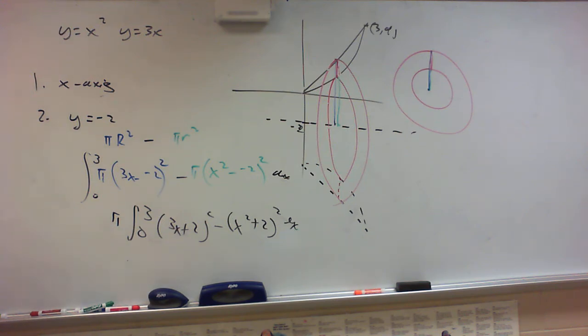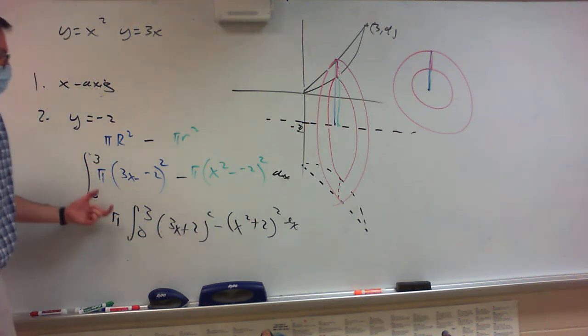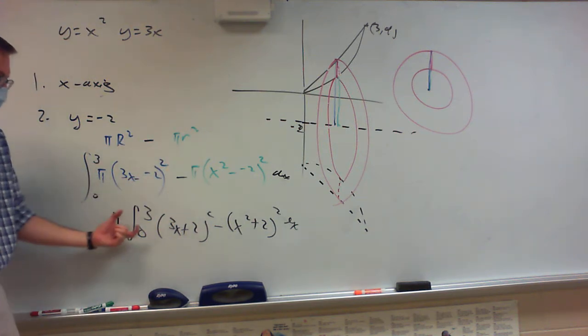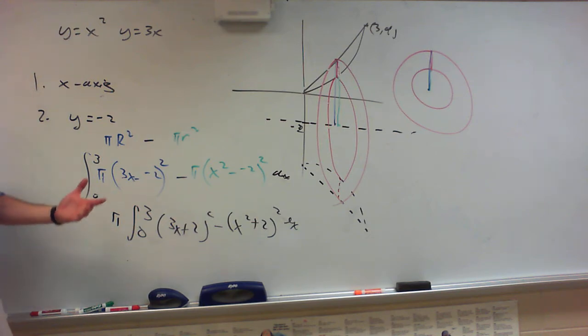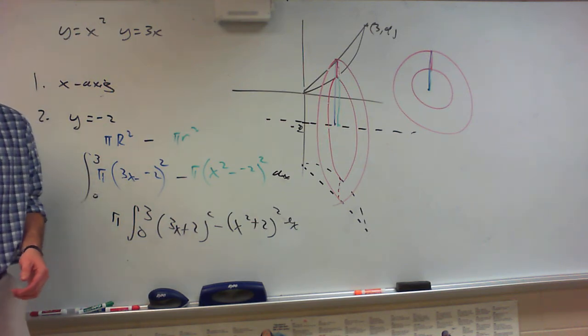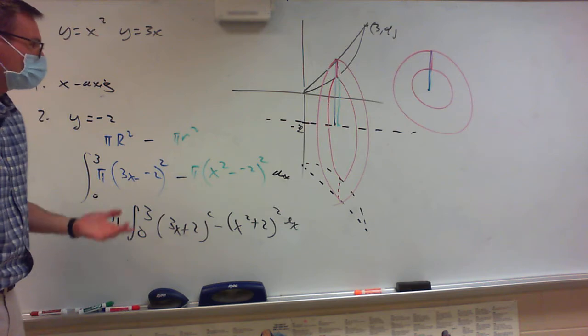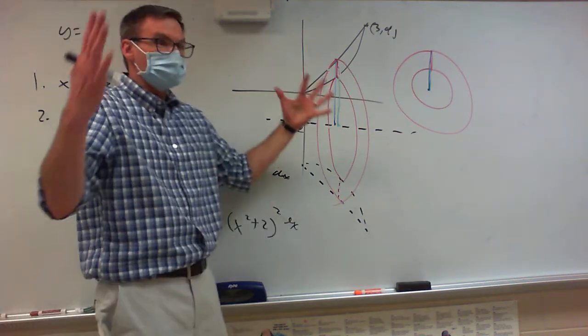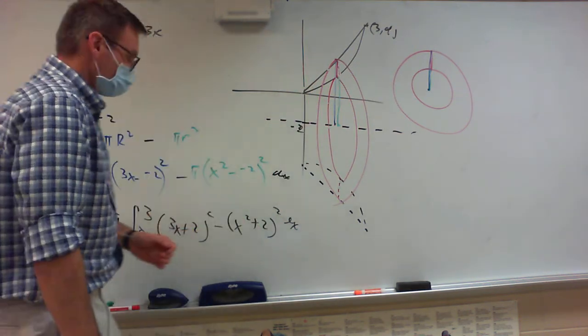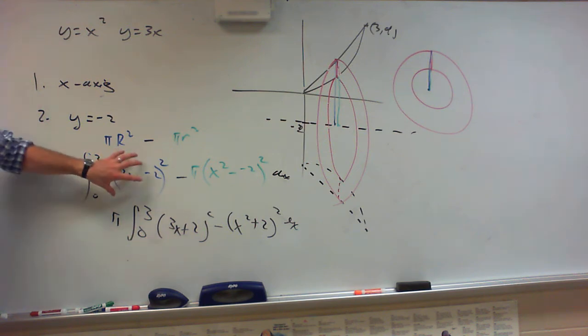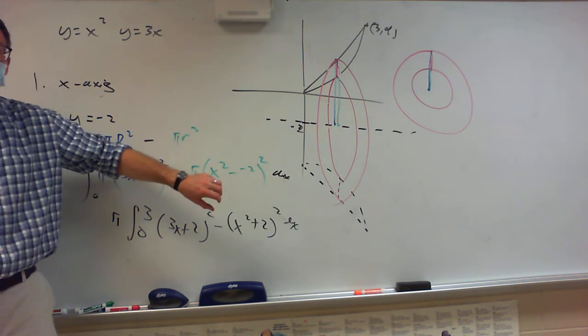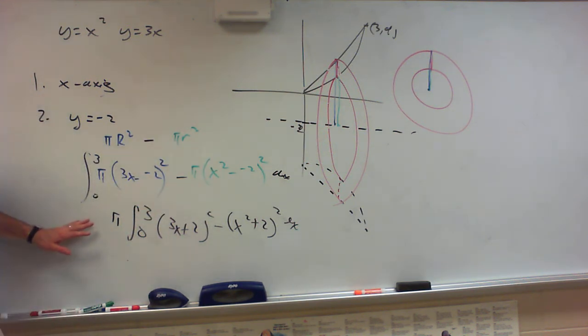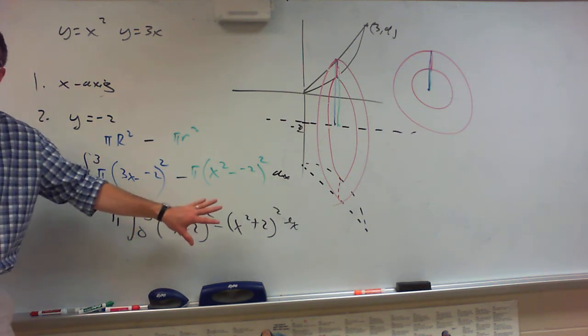And actually, if you look at your textbook, or any textbook or anybody else online, they don't put the pi's with it. They sort of factor the pi out. I'm not a huge fan of that. The reason I'm not a huge fan is I really want you to understand it's big circle minus little circle. And when you look at this, I think it's easier to see, oh, it's big circle minus little circle. When you look at the factored version, maybe you see big circle minus little circle, but I'm not sure.